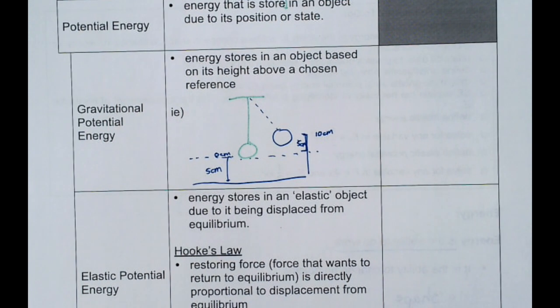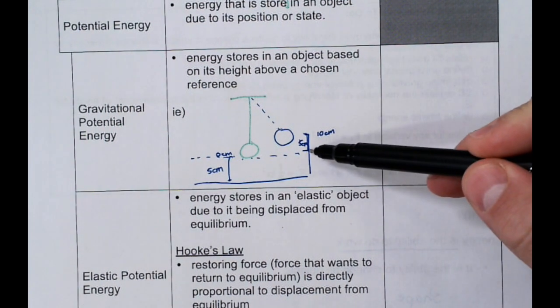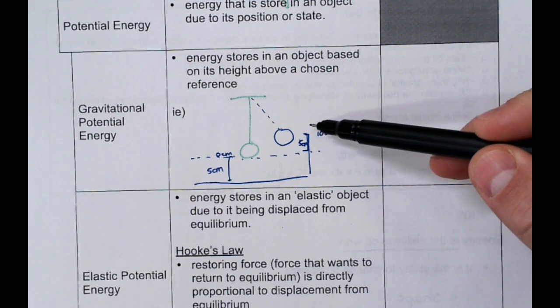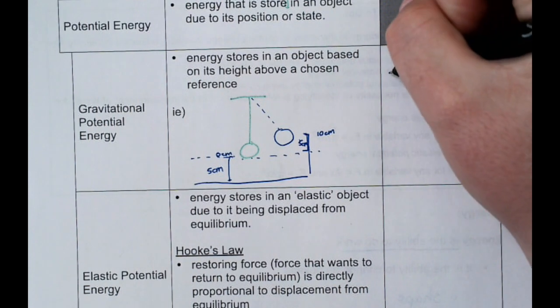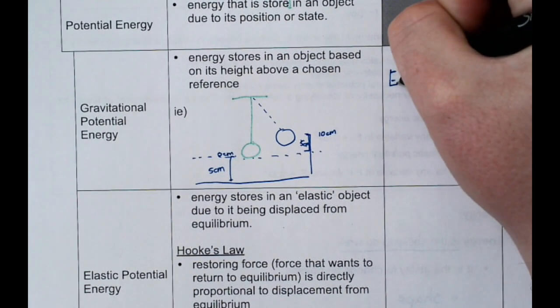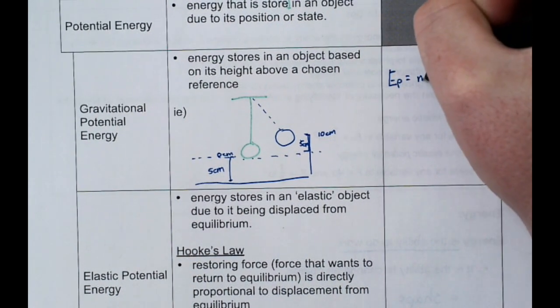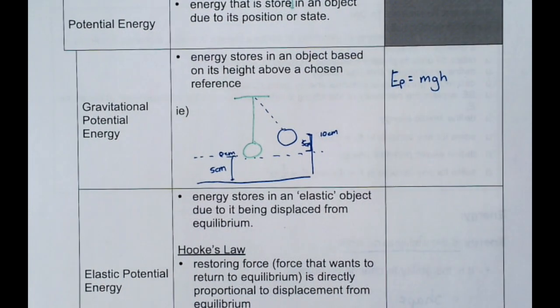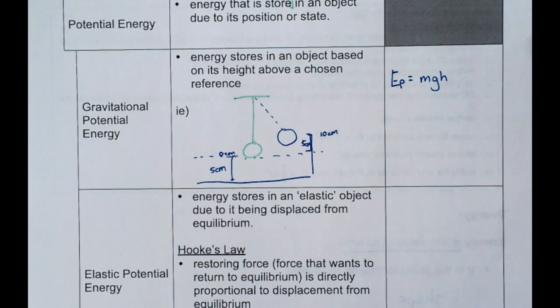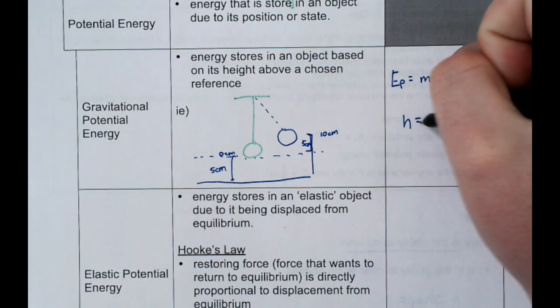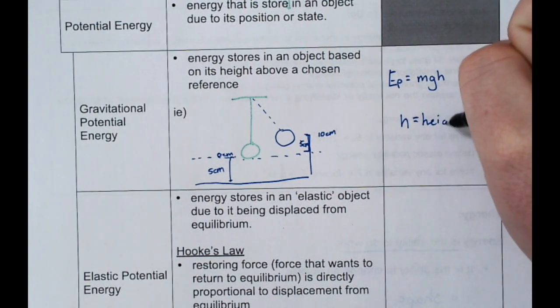So its potential as it gets higher and higher has a greater gravitational potential energy. The formula we use for it is potential energy is equal to mgh. Again, you know this is mass, this is acceleration due to gravity, and this h stands for height.